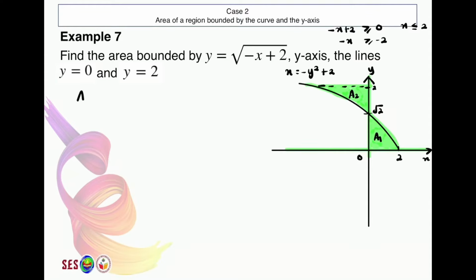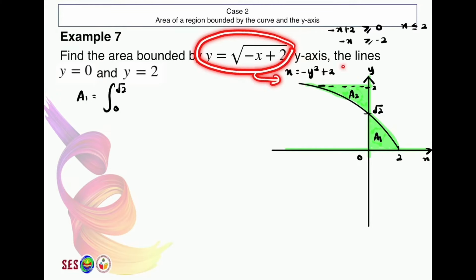So for area 1, we can take the integral from 0 up to root 2. And then we'll take the right function. So your right function is x equals minus y squared plus 2. This was the original function, then we changed it to be in terms of y, so we'll use the one in terms of y.